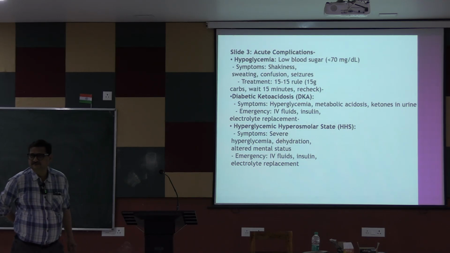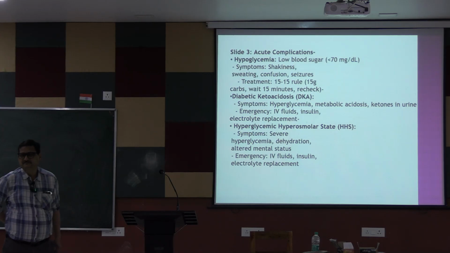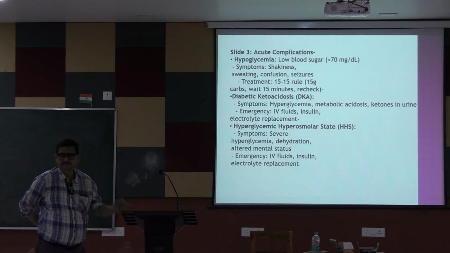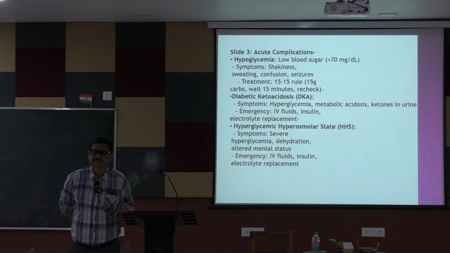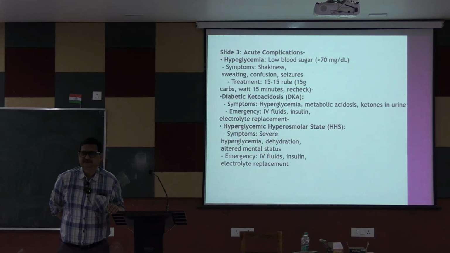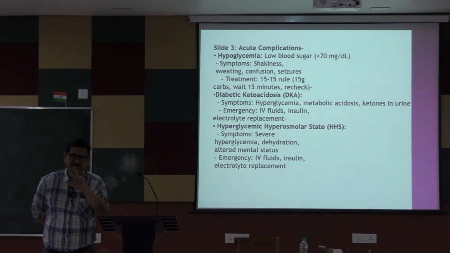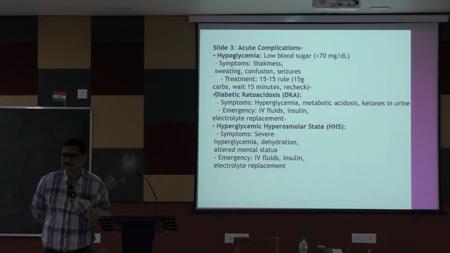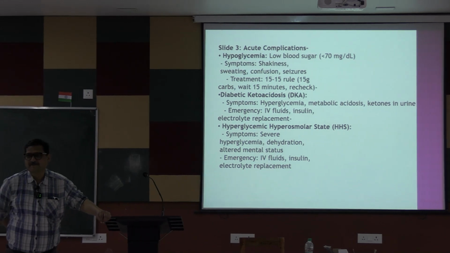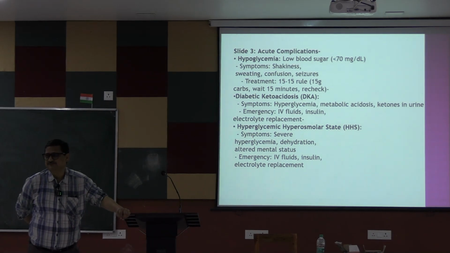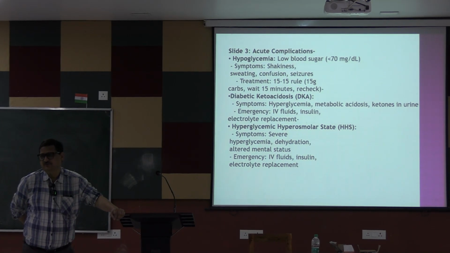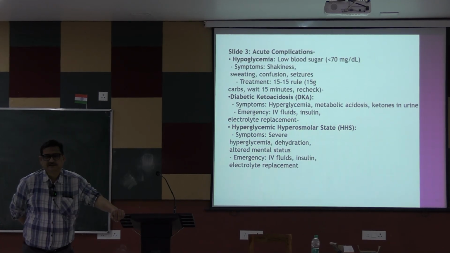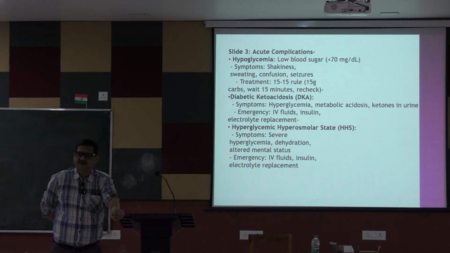Why venous? Any idea why we measure venous? And what is the difference between venous and arterial blood glucose concentration? Which one is more? Artery or vein?